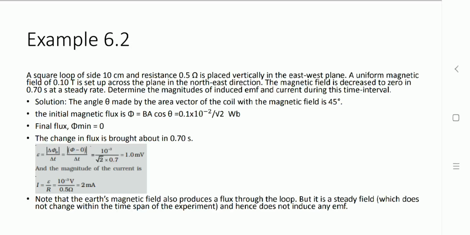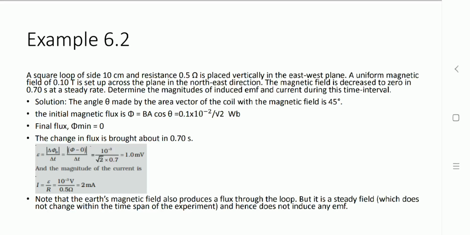Area is given, so we can say 10 raised to minus 2, and theta is 45, so cos theta equals 1 by root 2. So my result phi is 0.1 into 10 raised to minus 2 divided by root 2 Weber. It means 10 raised to minus 3 by root 2 Weber.